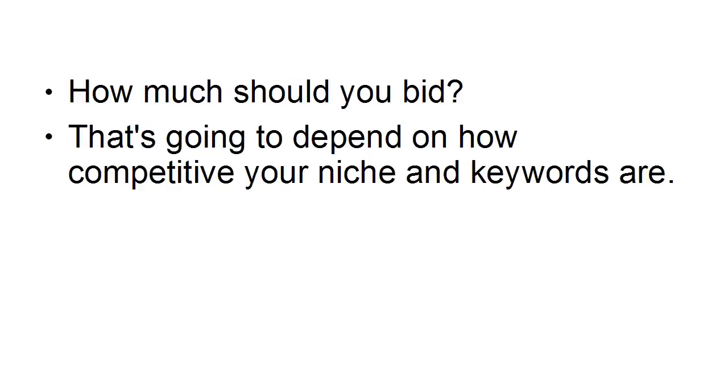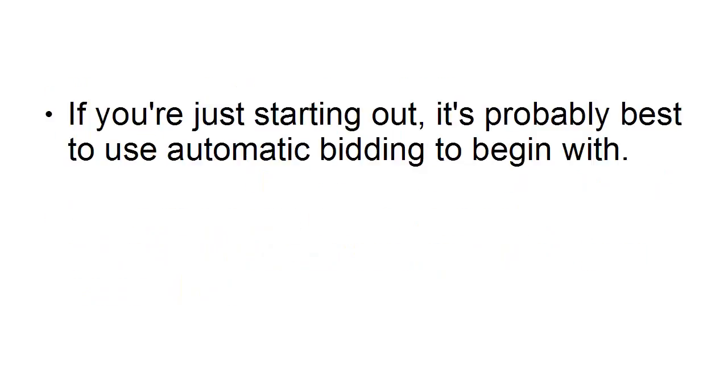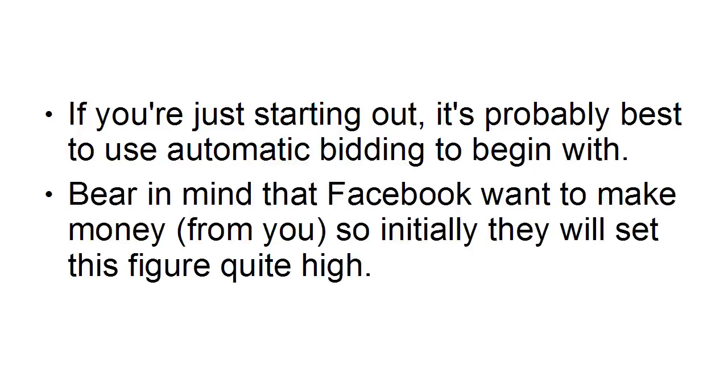Well, that's going to depend on how competitive your niche and your keywords are. You can choose either automatic bids, and this means that Facebook bids for you, or you can choose to enter a bid manually. So, if you're just starting out, it's probably best to use automatic bidding to begin with. Now, bear in mind that Facebook want to make money from you.